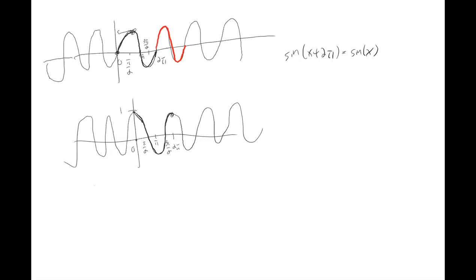It is between pi and 3 pi over 2. It's somewhere here. So you see it's negative a half, apparently. Everyone clear so far? So this is review of trig. Any questions? Can I move on?